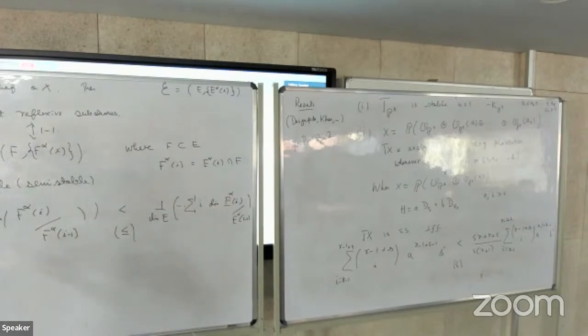You need reflexive sheaves, very important in the equivariance. I am using equivariant stability or equivariant semi-stability, and they are equivalent to stability and semi-stability, because the tangent bundle is equivariant.